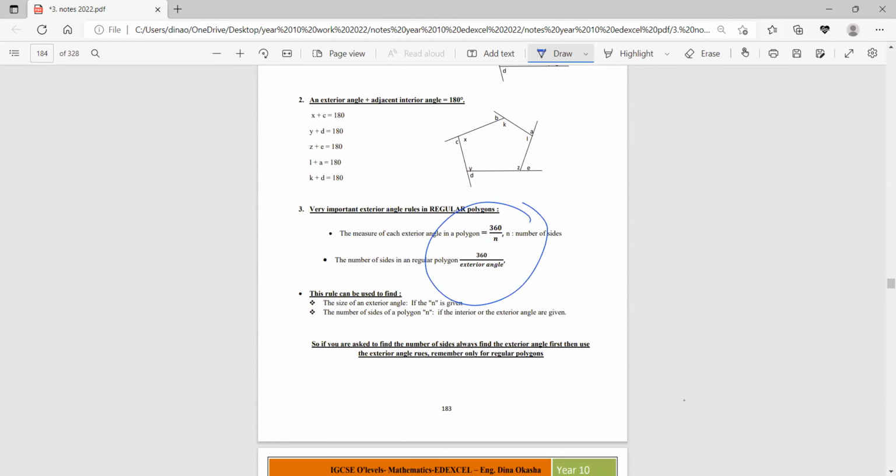The most important ones are these. If you go to page 183, these are the exterior angle rules. 360, let me zoom in here.